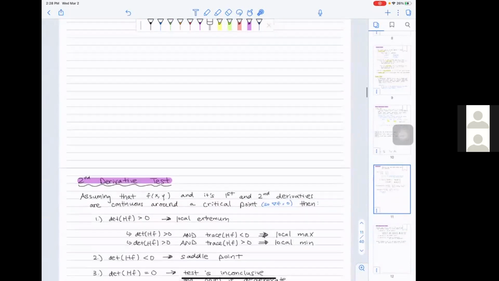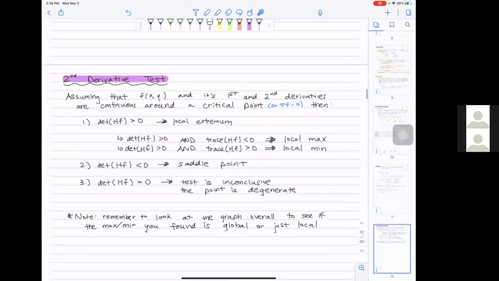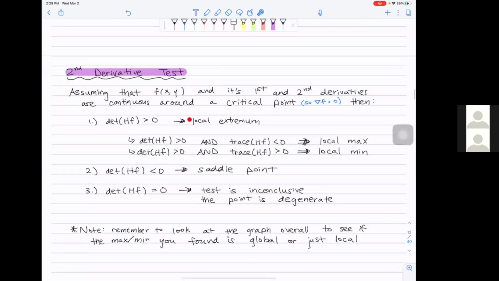This brings us to our second derivative test, which tells us that if your determinant is greater than 0, it's going to be a local extremum. From there, you now have to look at the trace. If the trace is less than 0, you have a local max. If the trace is greater than 0, you have a local min.